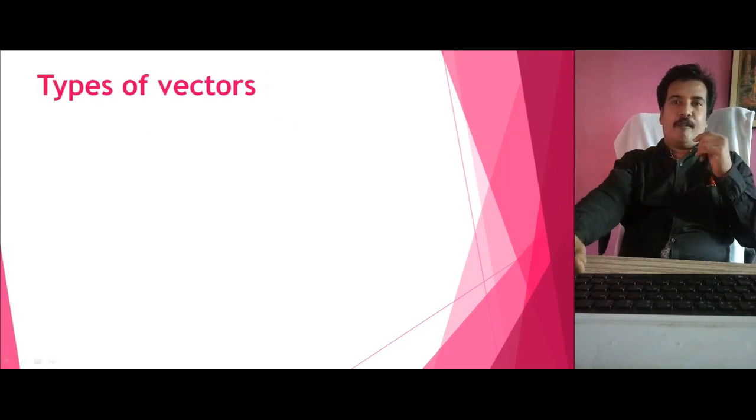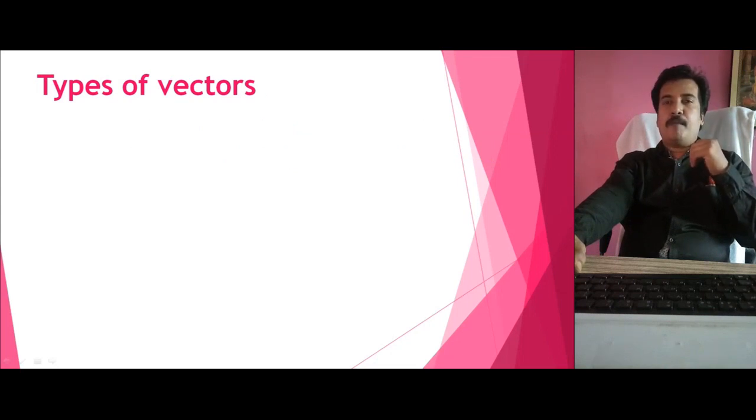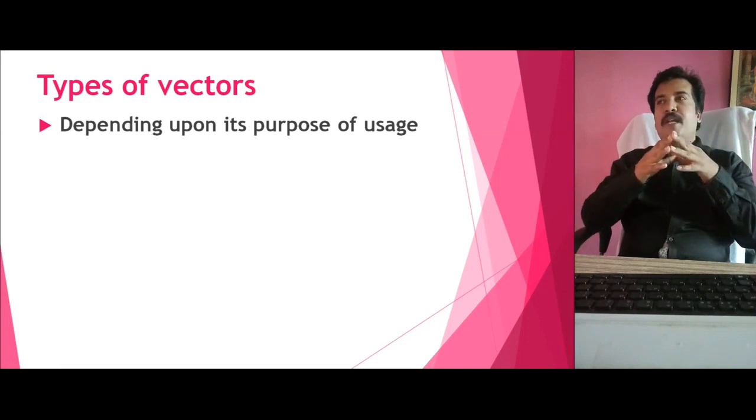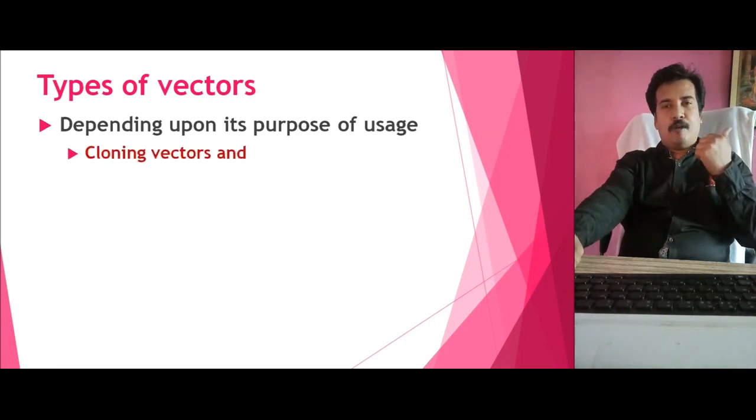So next, what are the different types of vectors that exist? We can classify vectors on the basis of, one, the purpose of our usage, and second, the source from where we are getting them. The first classification, depending upon purpose of usage, has two types. One is called a cloning vector.